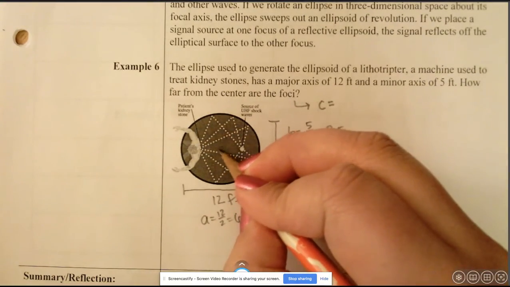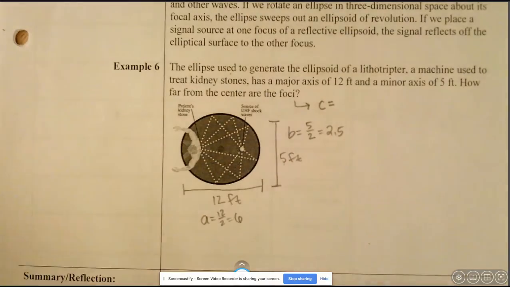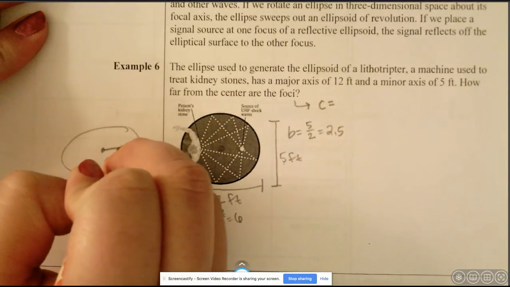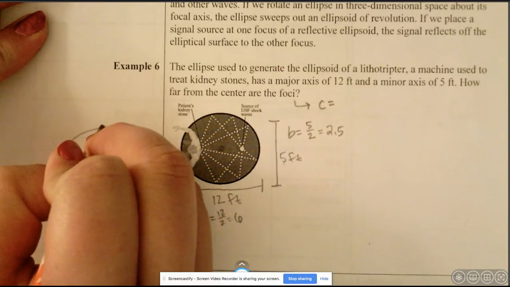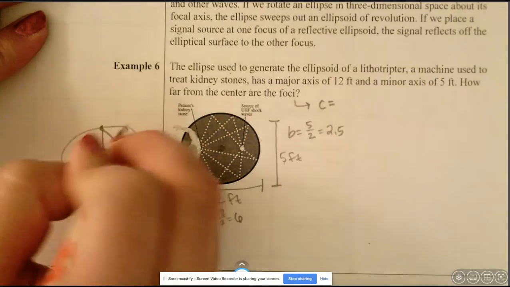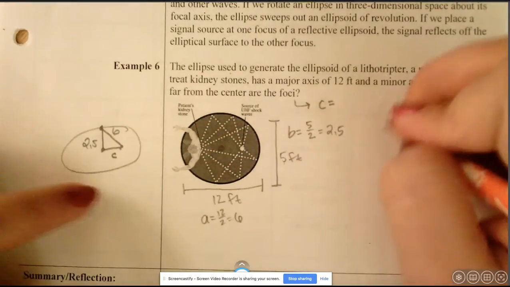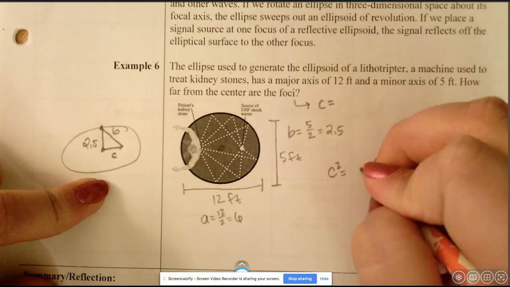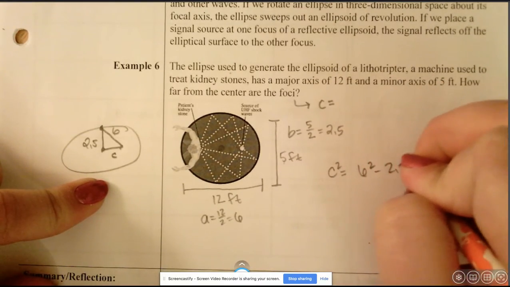Okay, and if this is my center, hard to see on this diagram, C is what we're looking for, B is 2.5, and A is 6. So we have C squared equals 6 squared minus 2.5 squared.